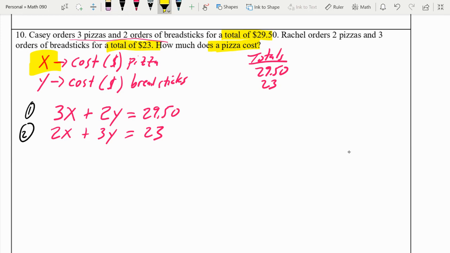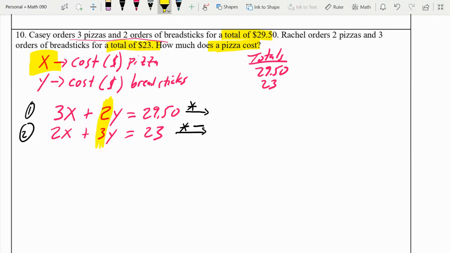The signs are exactly the same, so I need to make one of them different. When I multiply, one of these has to be a negative number. If you look at 2 and 3, what number do they have in common? 2 times 3 is 6.